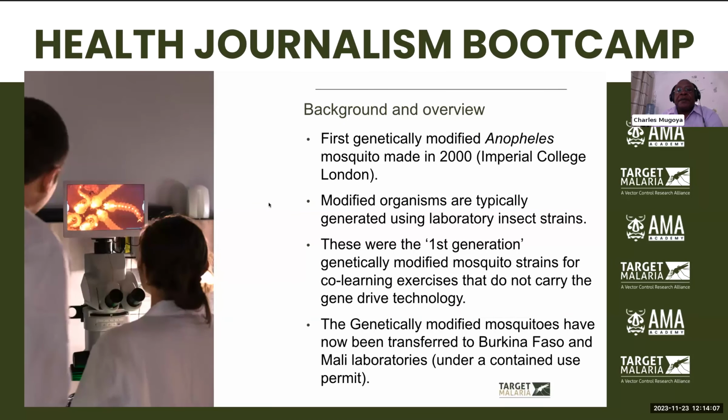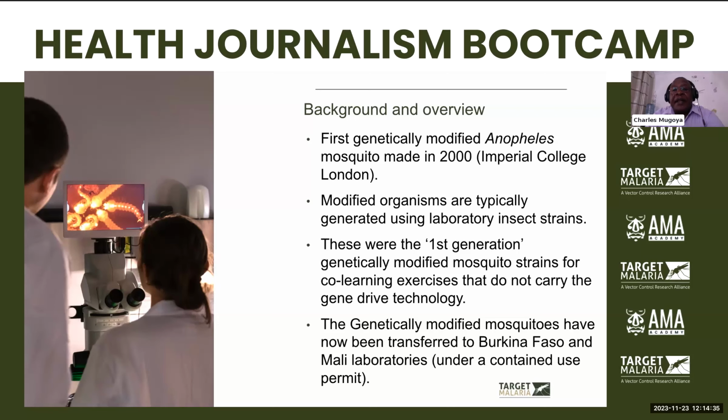I'll start by saying that the first genetically modified Anopheles mosquitoes were modified at labs at Imperial College London about 23 years ago. So it is quite some time since we started this journey.